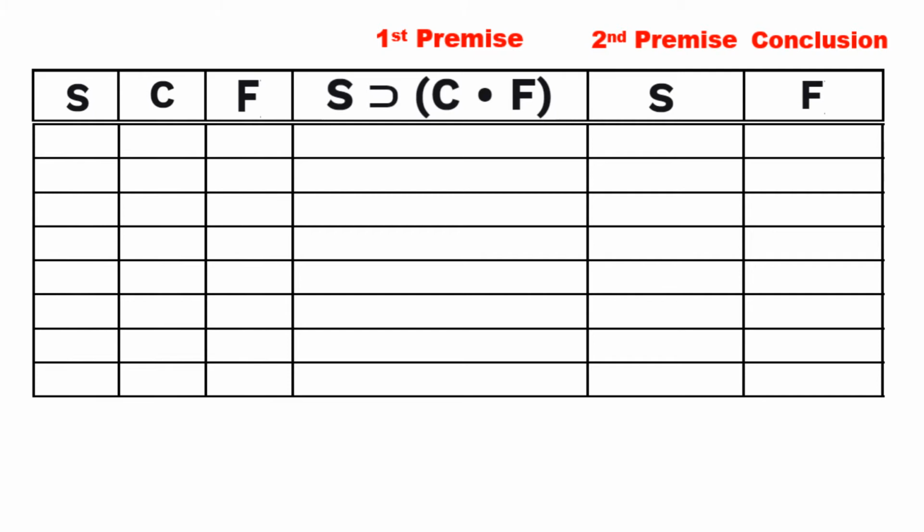And now that we have constructed the truth table, let us provide the truth values of the variables S, C, and F. We need to do this because the truth values of the premises and the conclusion will be based on the truth values of the variables or constants.